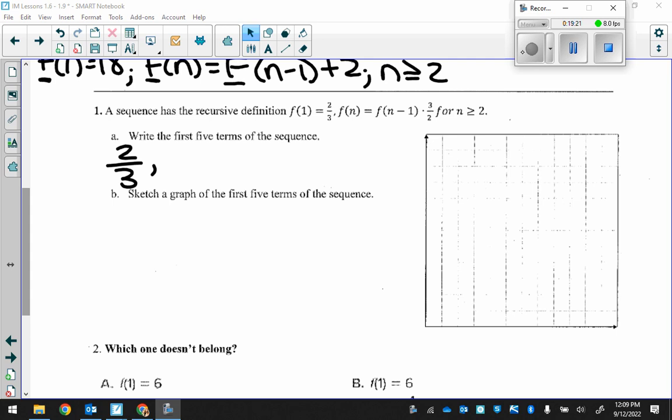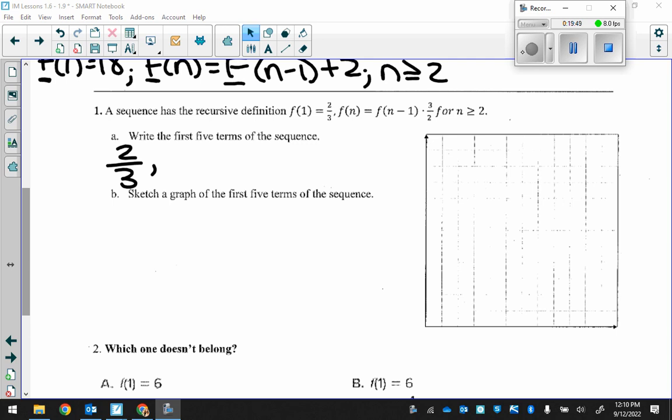Then we take 9/4, multiply by 3/2, and what do we get? 27/8, good. Okay, so the first 5 terms starts with term 1, which is 2/3, term 2, term 3, term 4, term 5. You do not need a calculator for this, okay?